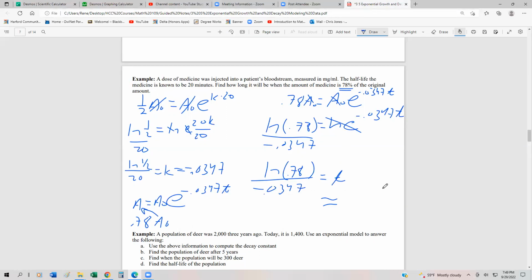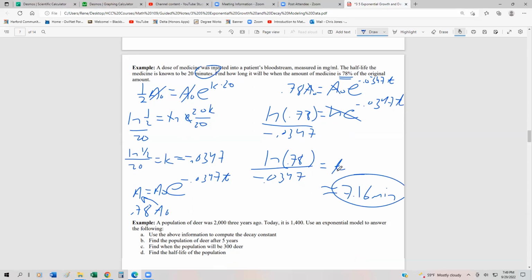All right, and that's going to be in minutes. So that's going to be 7.16 minutes. So that's not too bad, okay? And again, we keep using the same algebraic manipulations. We keep introducing a log. We cancel out the e to be able to solve these.